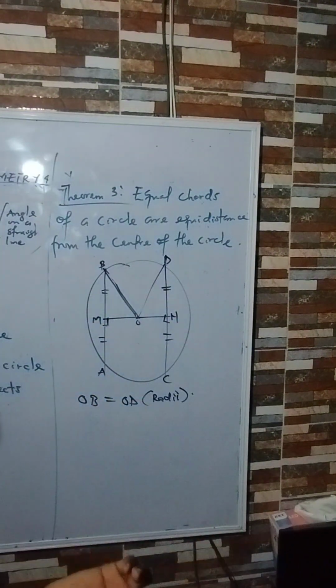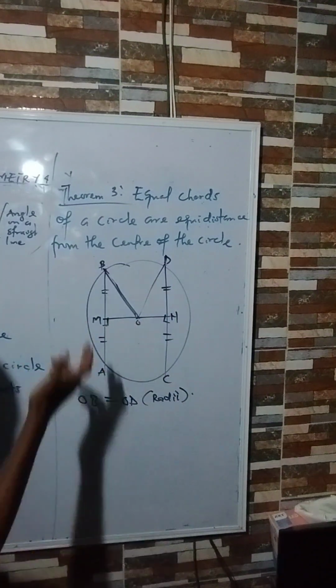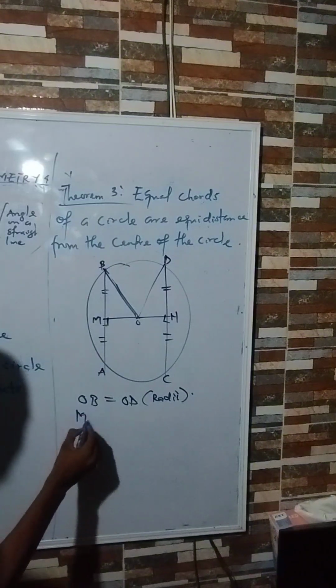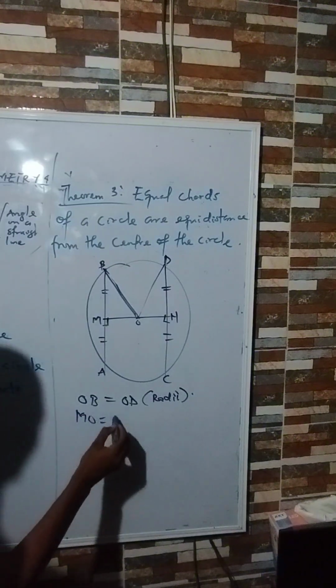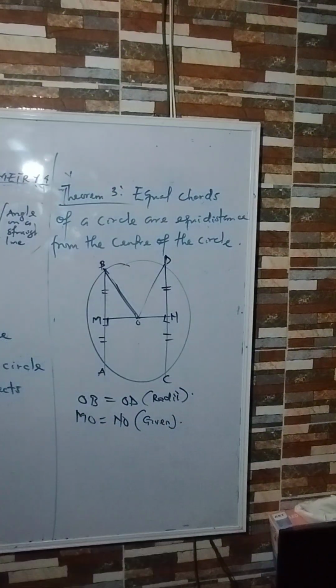ON. Definitely. We should know that MO is equal to NO. Given, our MO is equal to NO. Why? It is given. MO is equal to NO. Why? Because it is given from the question.